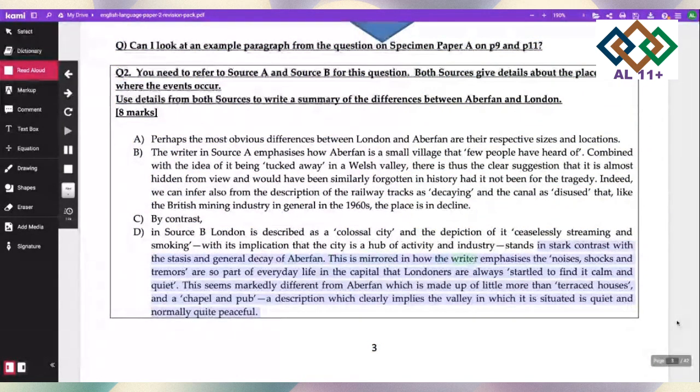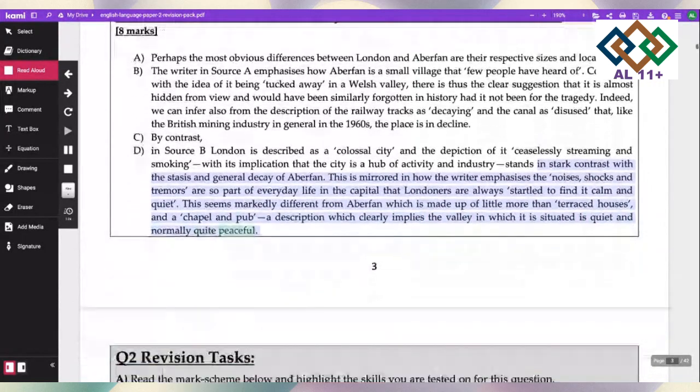This is mirrored in how the writer emphasizes that noises, shocks and tremors are so much a part of everyday life in the capital that Londoners are always startled to find it calm and quiet. This seems markedly different from Aberfan, which is made up of little more than terraced houses and a chapel and pub, a description which clearly implies the valley in which it is situated is quiet and normally quite peaceful.